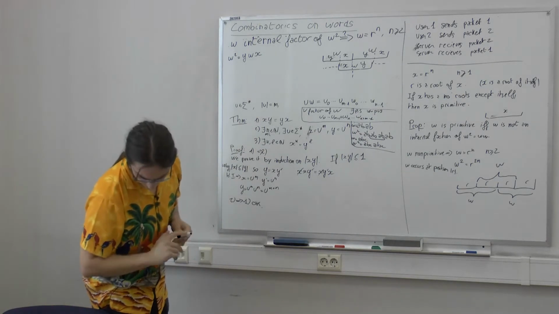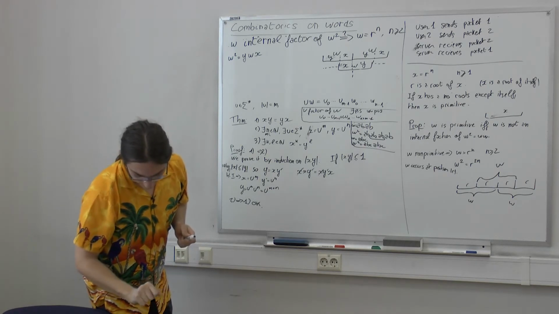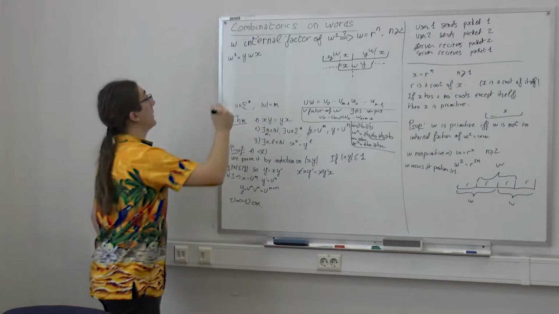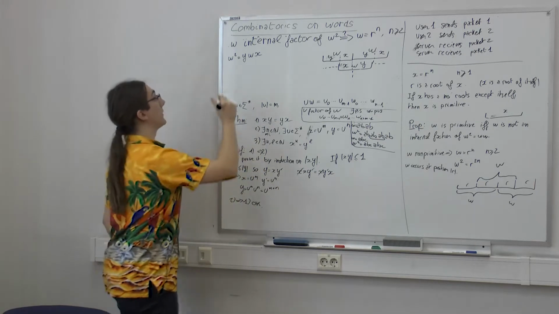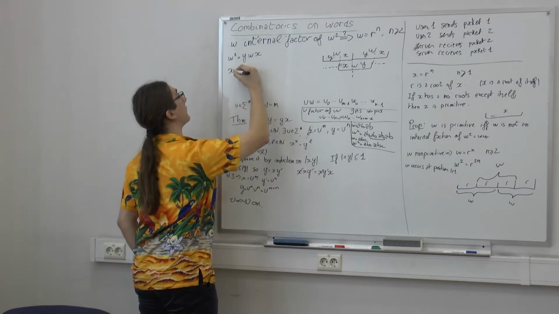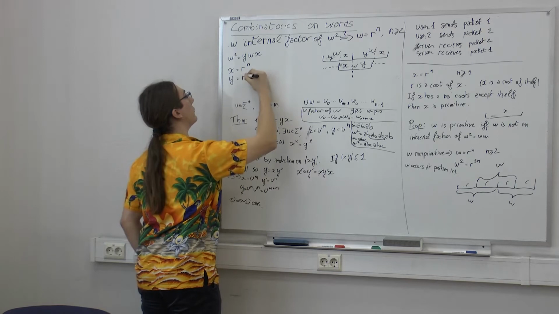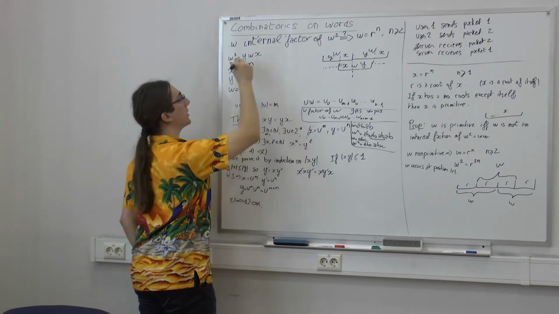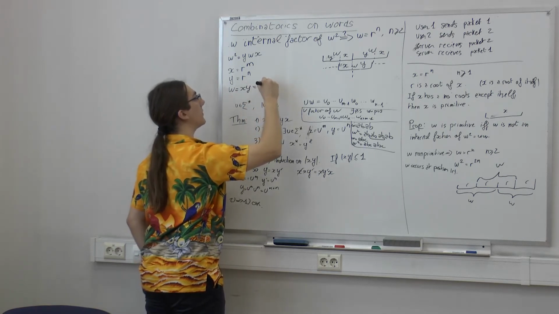Don't we forget any detail? All right. So we apply a theorem here, and we get that X is equal to some root to the power n, Y is equal to some root to the power m, and so W is that root to the power n plus m.